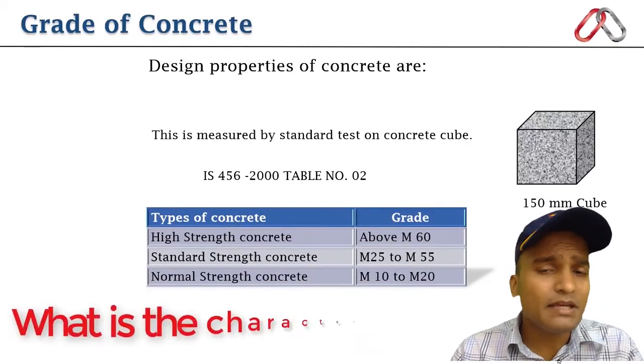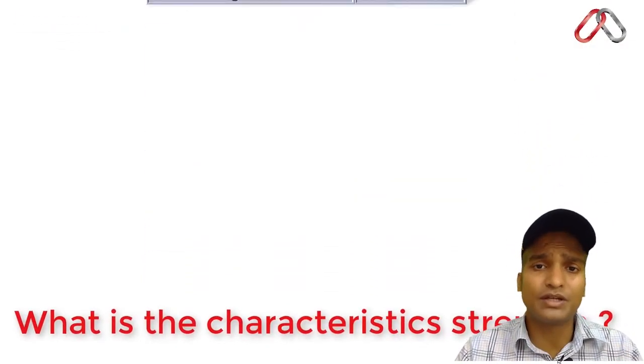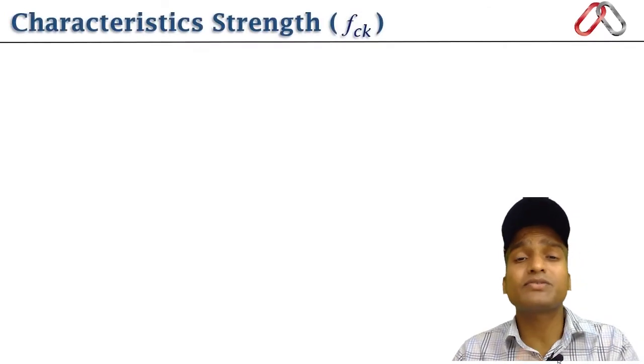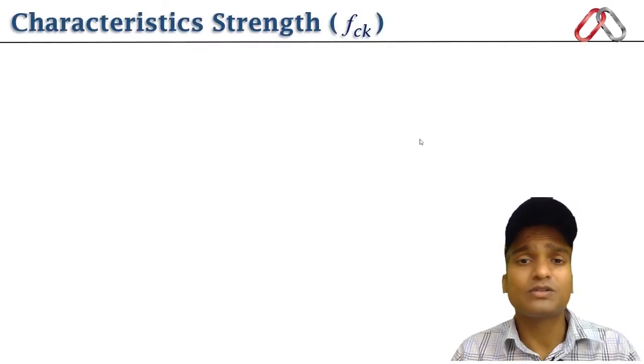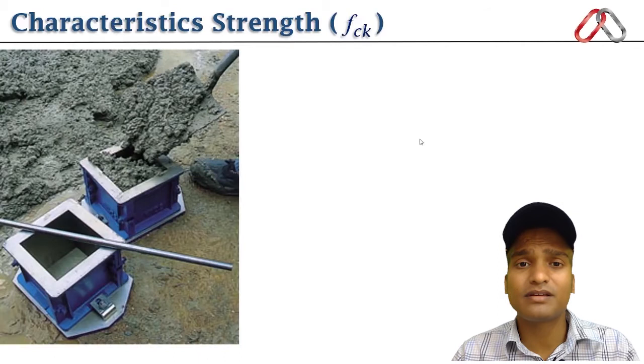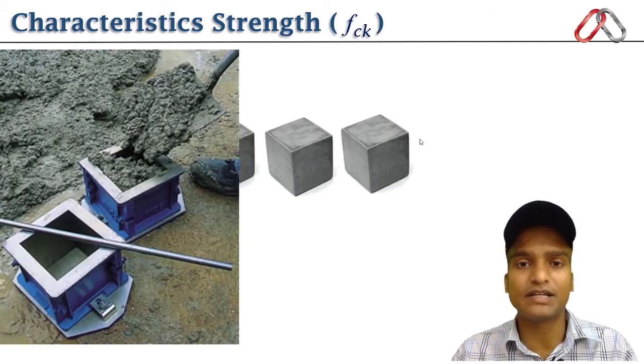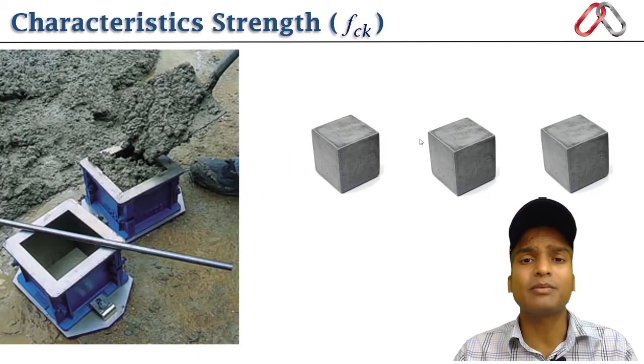When we talk of the type of concrete, we have to refer to the grade of concrete, and grade of concrete depends on the characteristic compressive strength of concrete. So what is this characteristic strength? This we have discussed in detail in another video, and it is represented by fck.